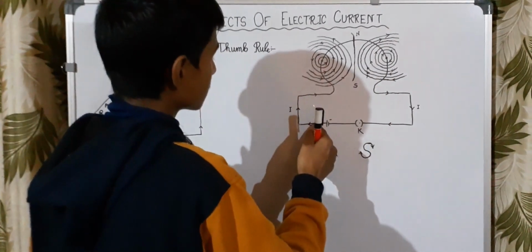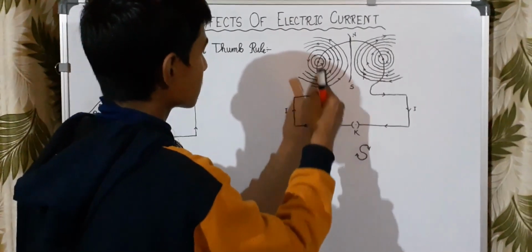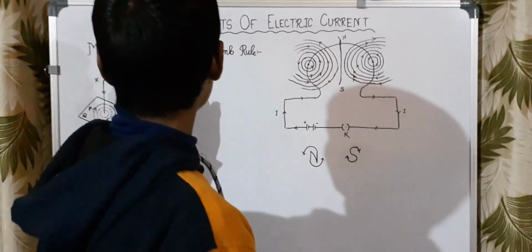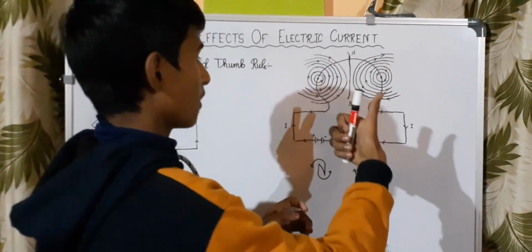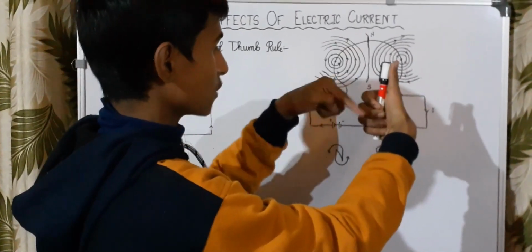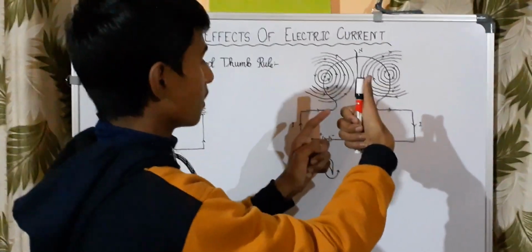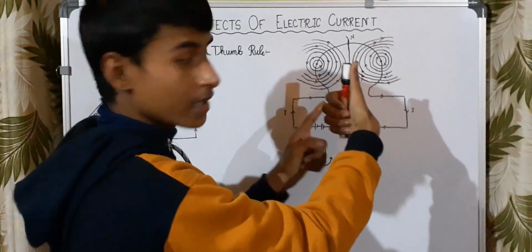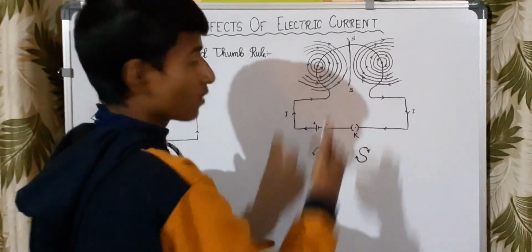Now the direction is from positive to negative, that means here it is upward. So by applying the right hand thumb rule, we can get the direction of the magnetic field. The current is upward, and my fingers curl in this order. That means when the current is upward, the magnetic field direction will be anti-clockwise. Here the direction of the concentric circles is anti-clockwise.